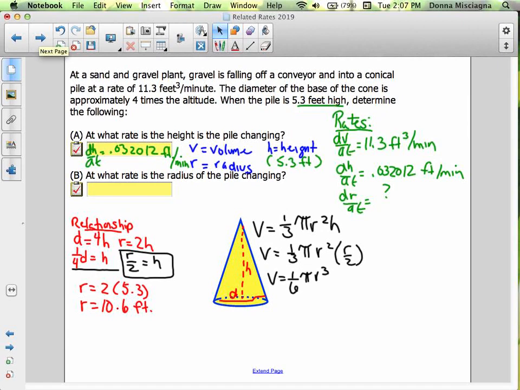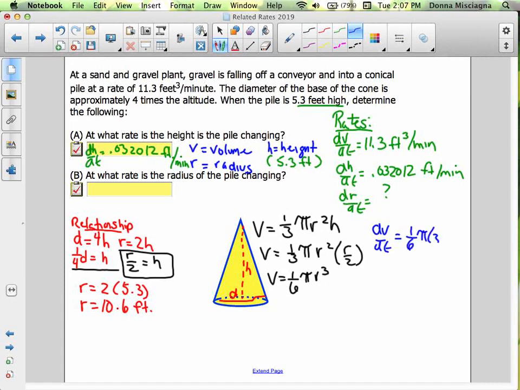So now let's take the derivative over here. We have dv dt equals 1/6 pi times 3, and then r, now it's r squared. So that's going to simplify nicely. dv dt equals 1/2 pi r squared dr dt.